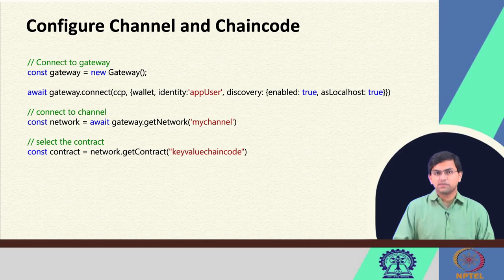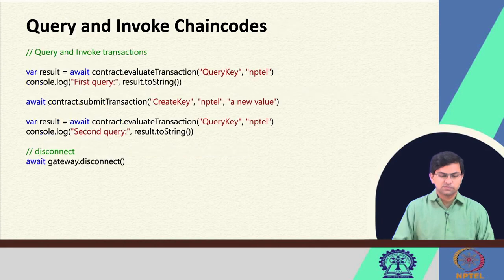Then we saw how we can connect this client application to the Fabric network and one particular Fabric channel, and also how we can select the chain code which we want to execute. Then we did some queries and invoke transactions to that chain code, and in this way we can use this Fabric application to interact with any chain code that we write.